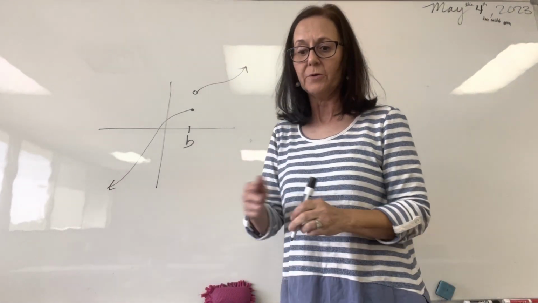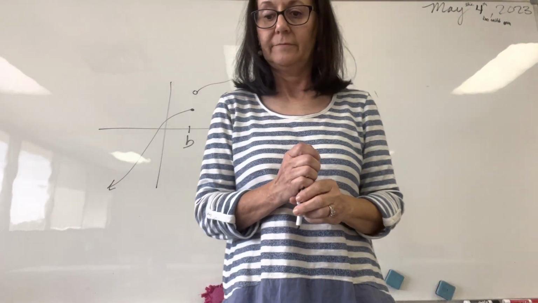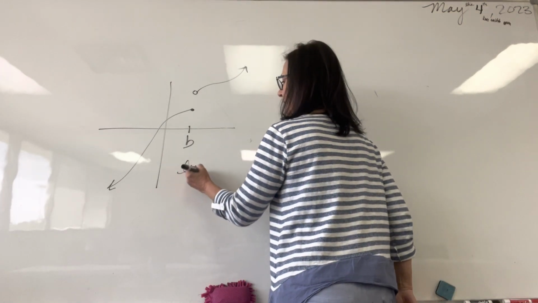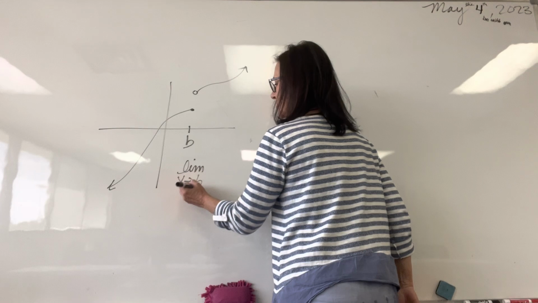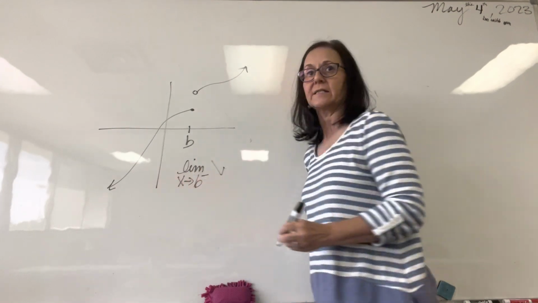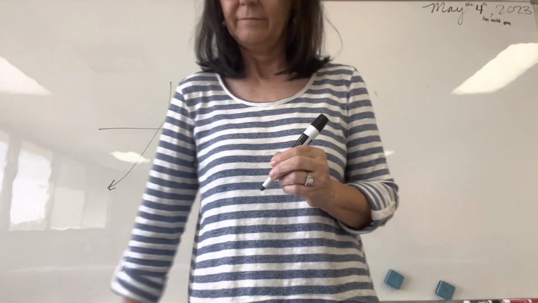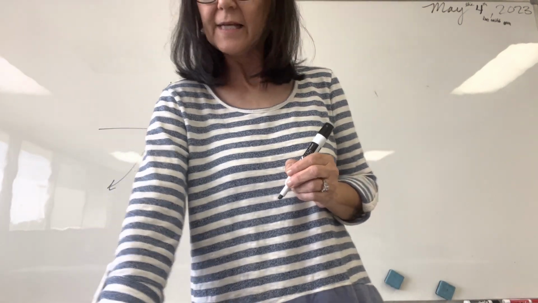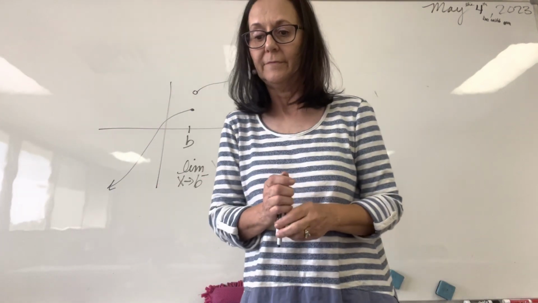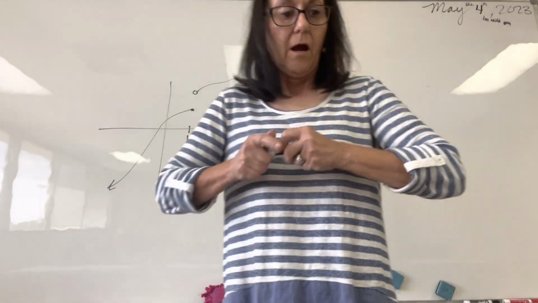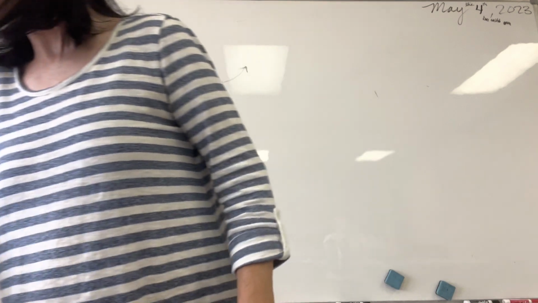Is b continuous from the left? Yes. So the limit as x approaches b from the left exists. It's defined. Is it continuous from the right? No, it is not.